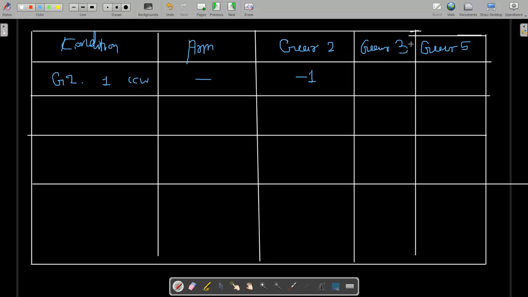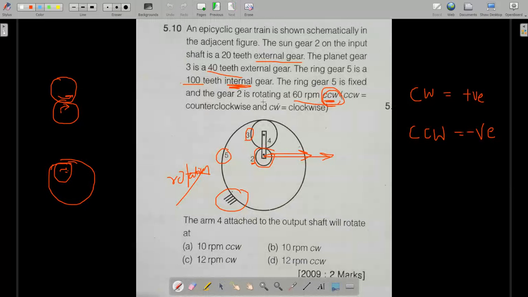What is the corresponding speed of gear 3 from the gear ratio? Minus T2 by T3, where T denotes the teeth of the corresponding gear. But here the sign will be plus, because gear 2 is rotating counterclockwise and meshing externally with gear 3, as you can see in the figure.